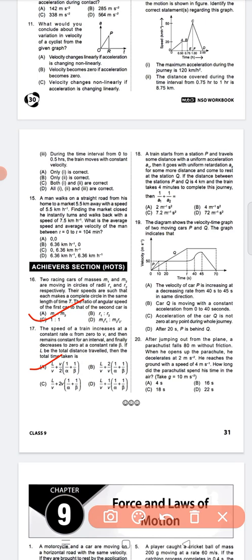So next, question number 18. A train starts from a station P and travels some distance with a uniform acceleration A1.